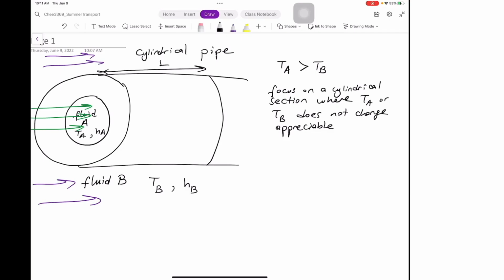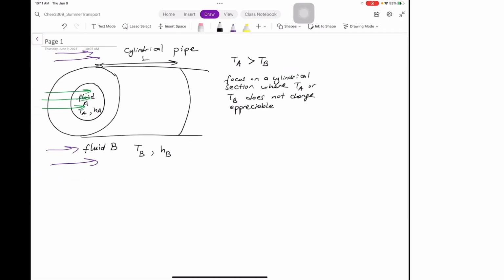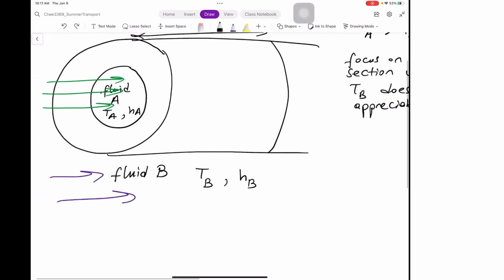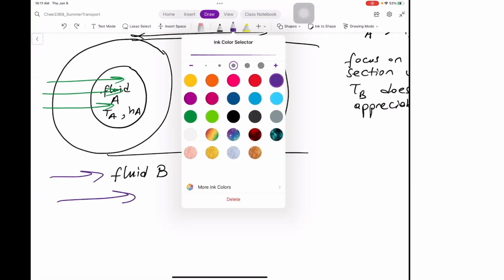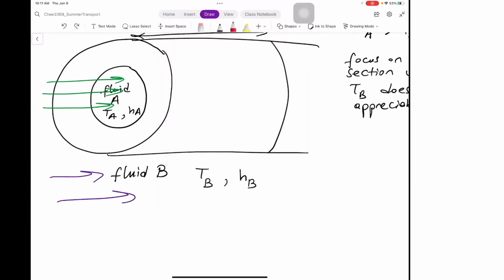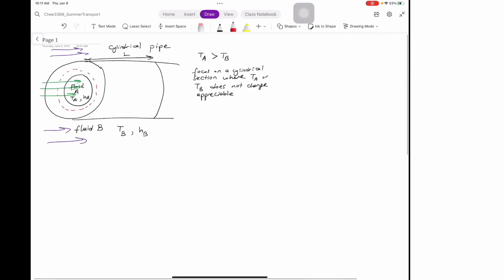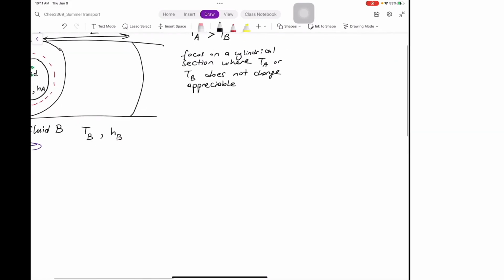Okay. So let's do the shell balance. I want to find out the temperature gradient along this pipe, right? So for this, I need to do shell balance, right? And by the way, let's write down the problem more clearly.